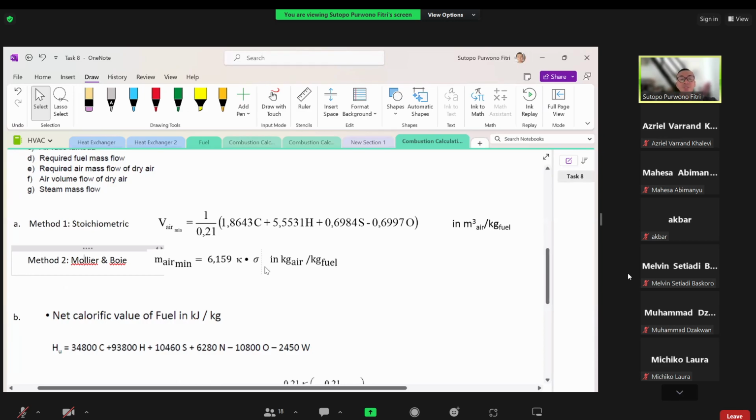So then you can calculate the kappa and sigma based on the Molière-Hennebeau formulas.